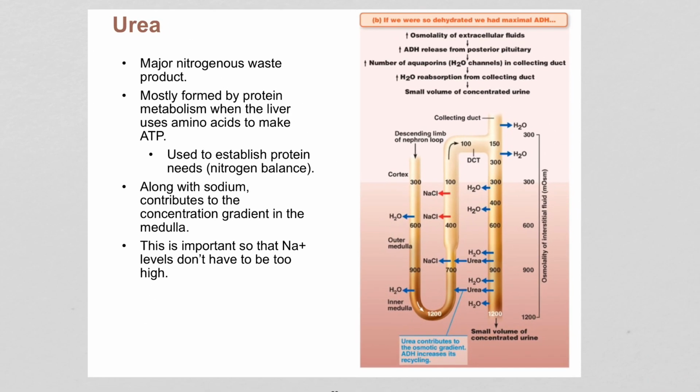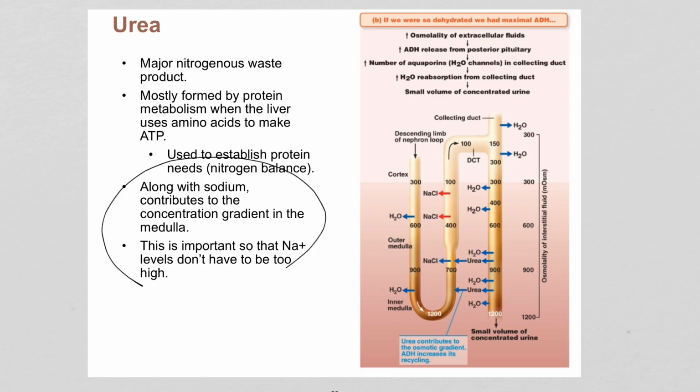If you think about the cellular respiration equation, the end product is CO2 and water. There's no nitrogen there. And so you have to have a way to get rid of the nitrogen from protein. Like if you're using protein to make ATP, that somehow is urea. You would initially form ammonia, but that's incredibly toxic. And so it gets converted into urea, which is very non-toxic.